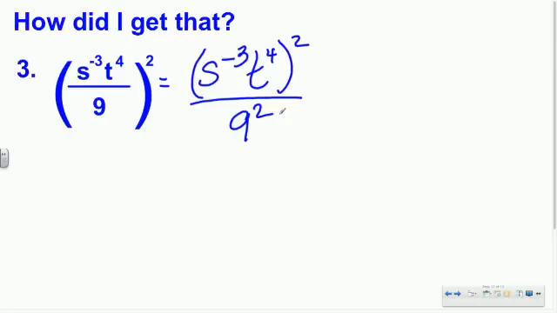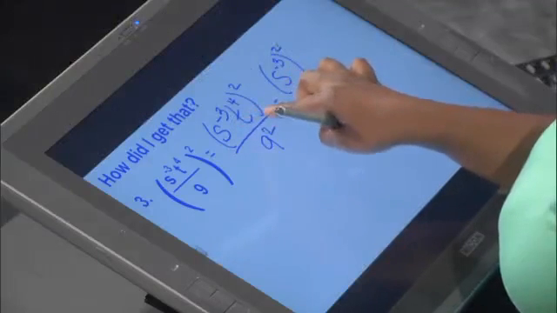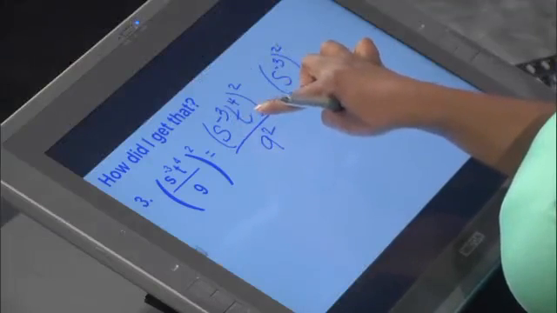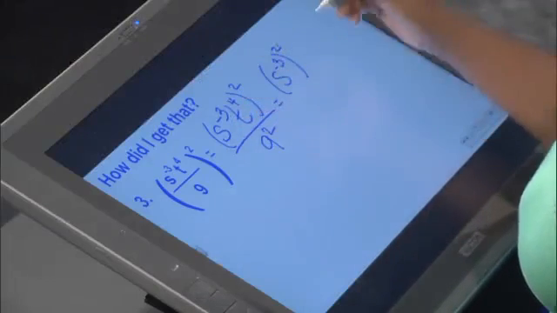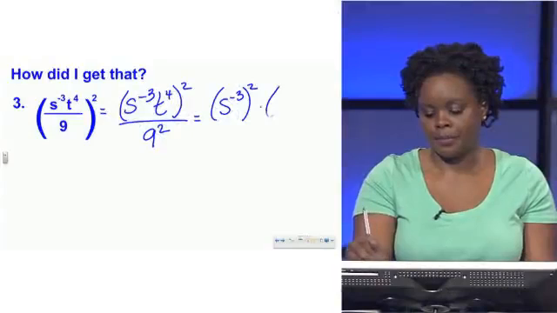And then I used what I knew about exponents to apply the rule of raising a product to a power. So I needed to raise s to the negative 3rd power to the second power. I needed to take these pieces separately. Now I need to raise t to the 4th to the second power.